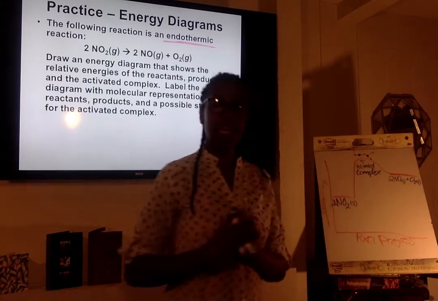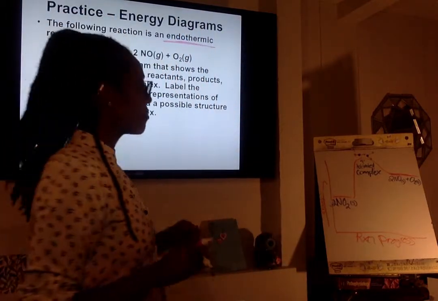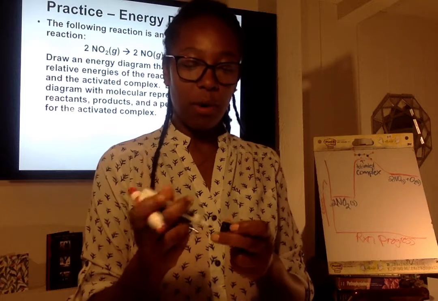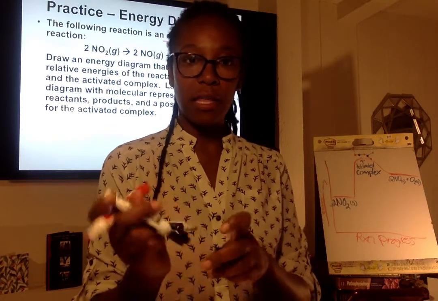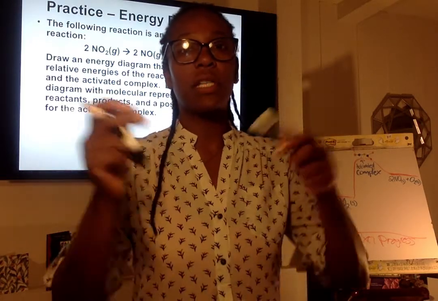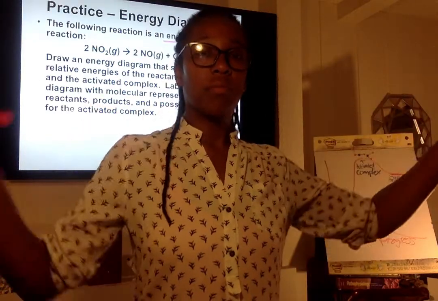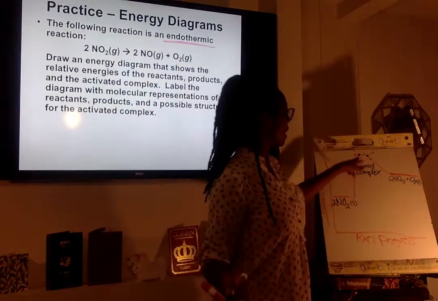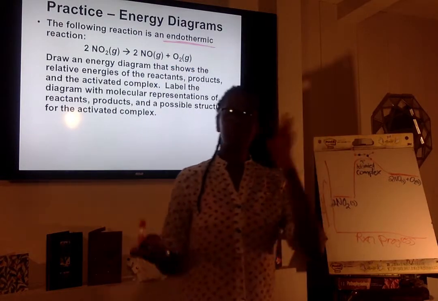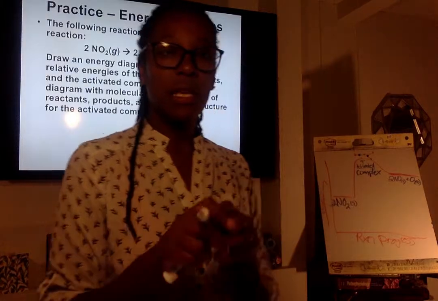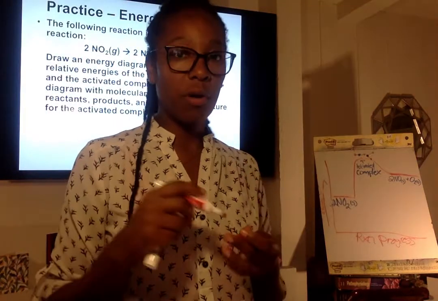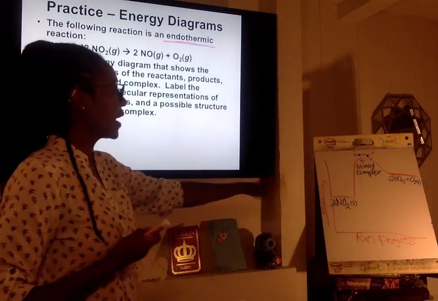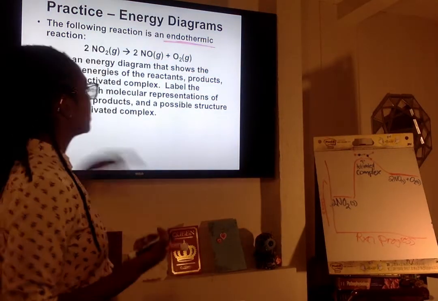You could do something like that too. It really doesn't matter what it looks like, because it's an unstable, very temporary molecule, right? That's really just saying that these molecules are all together in this arrangement at the activated complex. It doesn't matter where they are, just lines, with the correct number of particles, of course. So this is the final product that I would want for this answer.